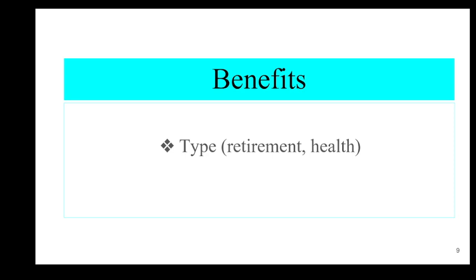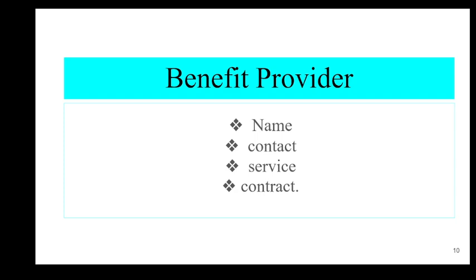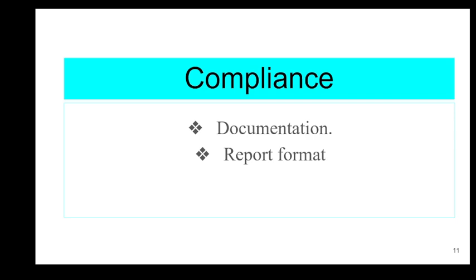So we will have an attribute like type, which will identify these categories. The next, we have the benefit provider. We can also have name, contact, service, contract IDs, and so forth. So we have compliance. We can have something like documentation and report format.